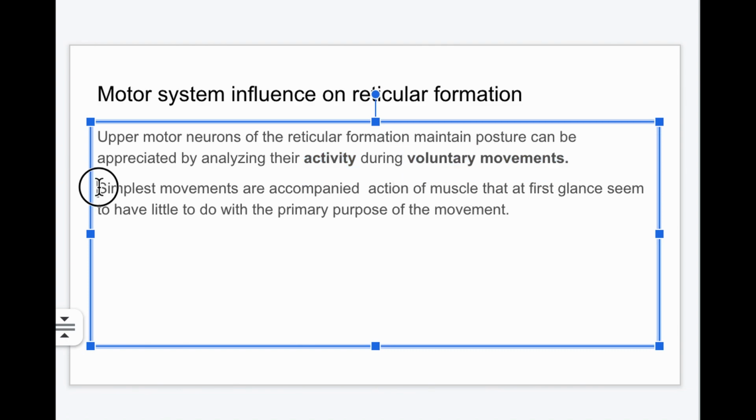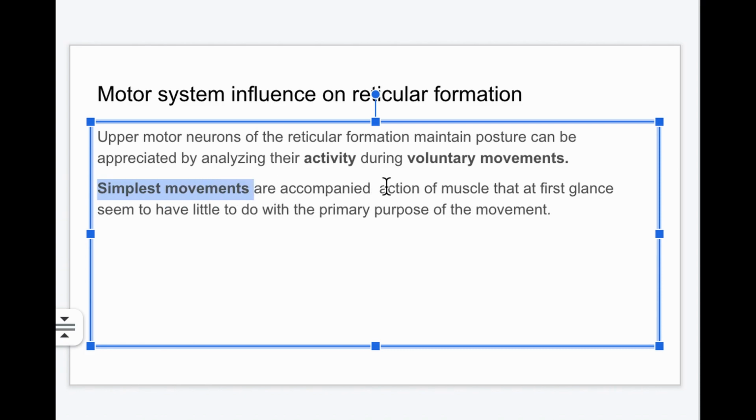The simplest movements are going to be accompanied by actions of muscles which, at first glance, seem to have little to do with the primary purpose.